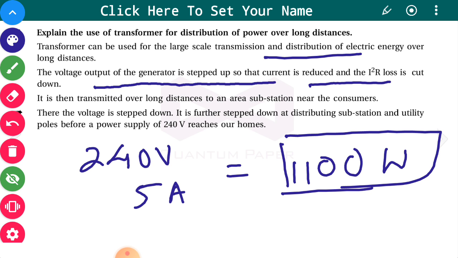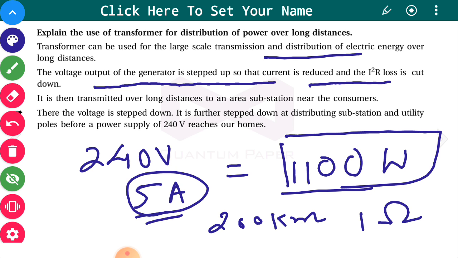Now see, if 5 ampere current is passing through a 200 kilometer long transmission wire, and 1 kilometer of wire has say only 1 ohm resistance, then 5 ampere current and 200 ohm resistance, because 200 kilometer will have 200 ohm resistance.